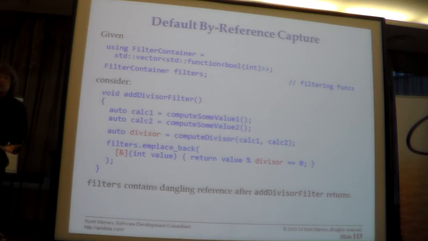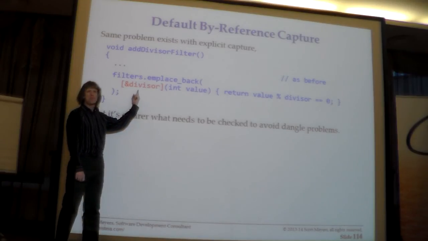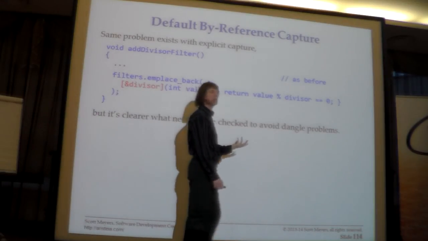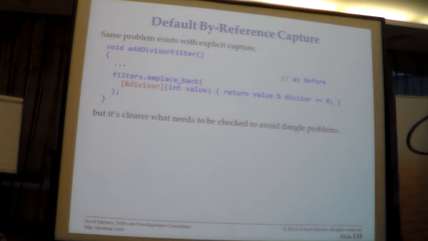It's a general reminder. Whereas this says, okay, divisor might dangle. You need to check divisor. By listing the name expressly, it becomes easier for people to verify that we don't have a problem, or in this case, to confirm that we do have a problem. So that's the problem with default by reference capture.